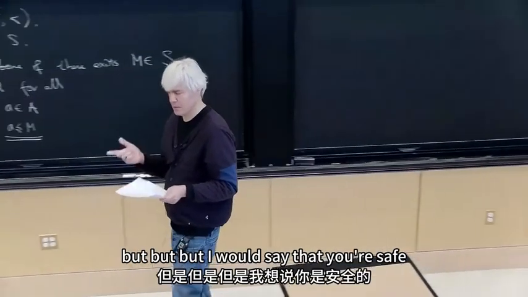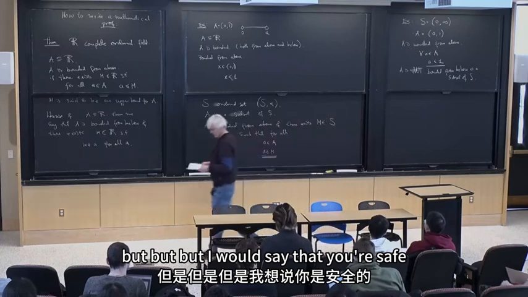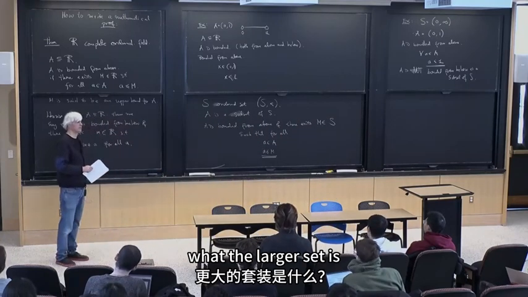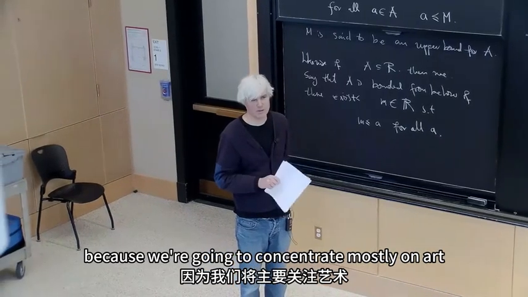I don't have the homework here, but I would say you're safe: if it's not stated directly what the larger set is, then you can assume it's R, because we're going to concentrate mostly on R.